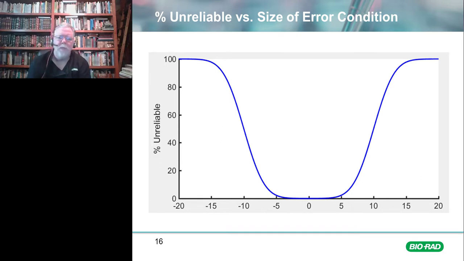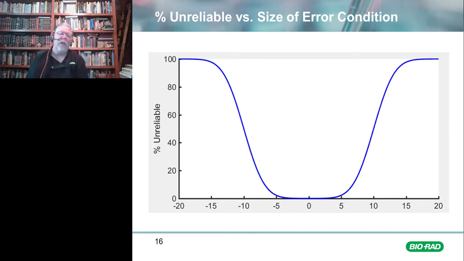But when I get to a certain threshold, as the error size increases, so does the number of unreliable results, until eventually I get to an error condition so large that every test I produce in that state is going to be erroneous or unreliable.